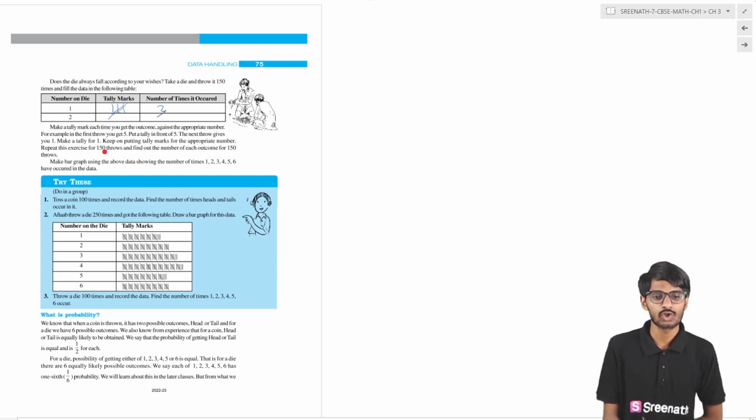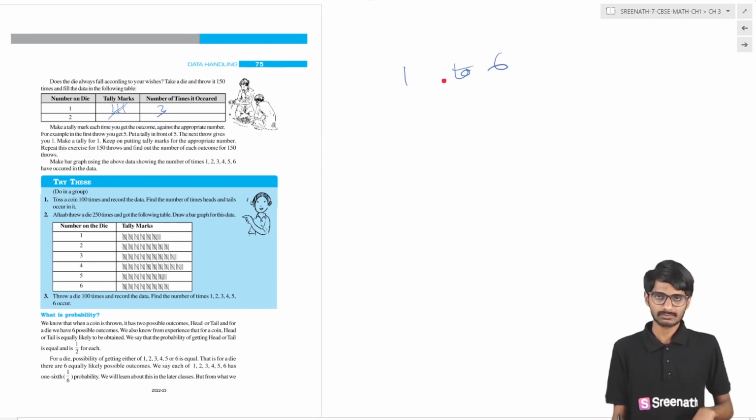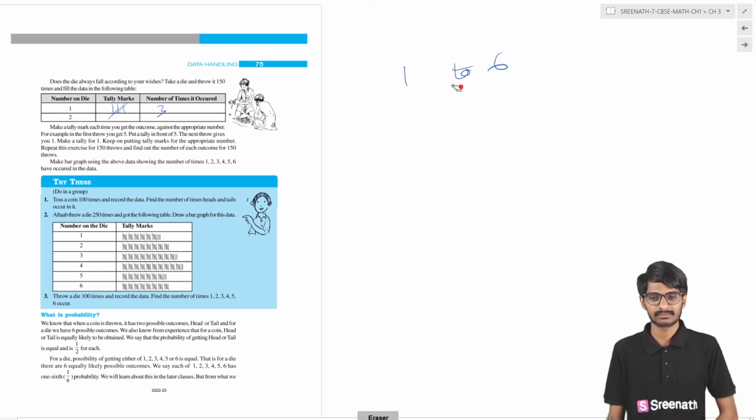If you see this also, you can say there is a chance for each from 1 to 6, but you can't say that 2 has more chance or 5 or 6 has more chance. You can't tell like that, students.